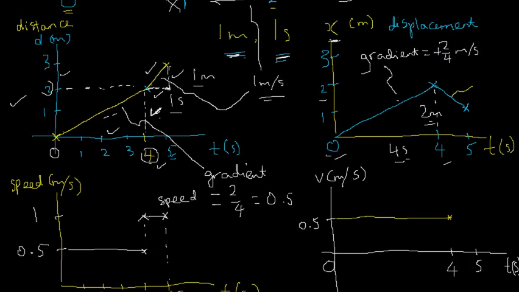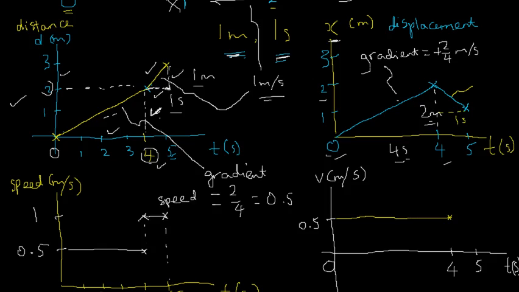Now let us look at the next part, this part here. It slopes downwards. There's an obvious difference. During this time, this 1 second between t equals 4 and 5, this is the time, this is the 1 second.